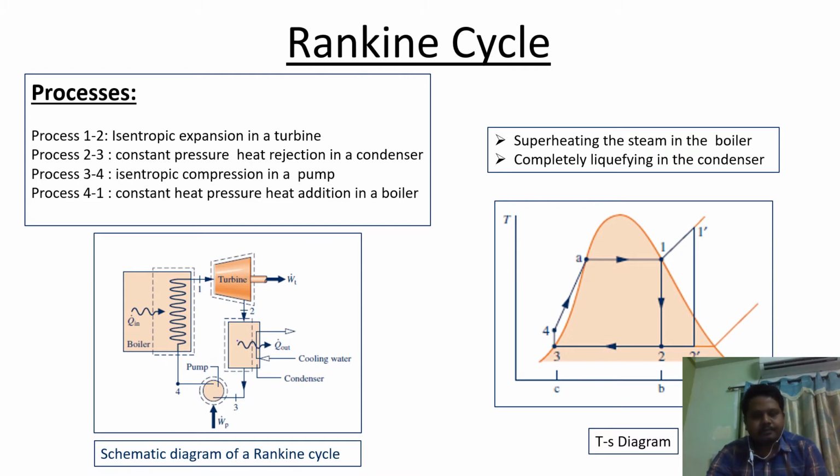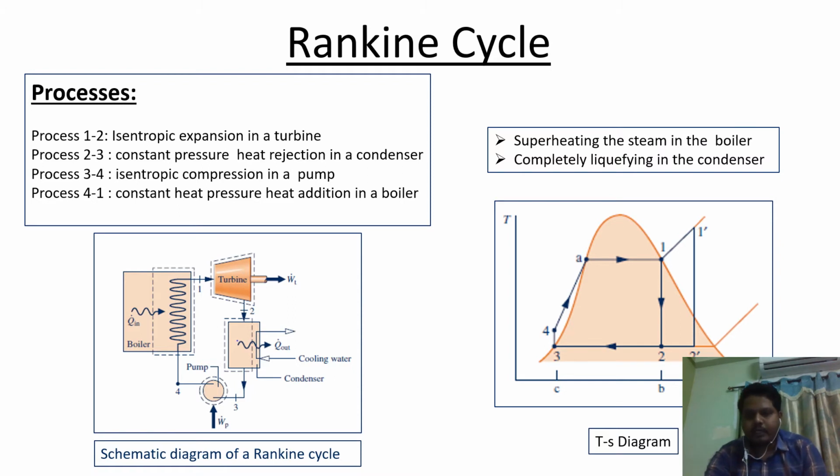Inside the condenser, the water vapor mixture is converted into pure water, and this water enters the pump. The function of the pump is to increase the pressure of the liquid, from low pressure to high pressure, and after getting pressurized, this liquid enters the boiler. The function of the boiler is to convert the water into steam. Again the steam enters the turbine. This is the cyclic process.